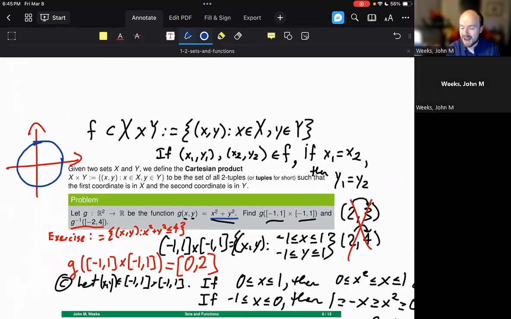That's related to the fact that this function g of x, y gives you x squared plus y squared, and x squared plus y squared equals r squared is the formula for a circle. So pictorially, the way that I'd be drawing this is this set. This might actually be where you start with this problem when you're visualizing and getting intuition for it. And then you want to be able to show that this set, which is the simplest way we can write it, is the solution for this part of the problem.